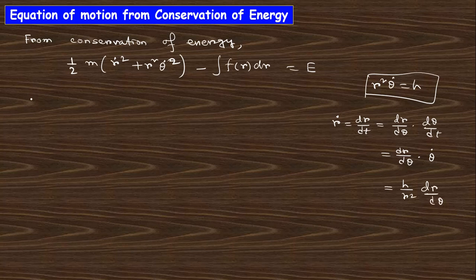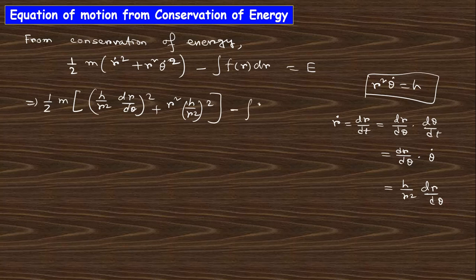So if you put it here, r dot square means r dot is h by r square dr d theta whole square, plus r square into theta dot square, theta dot equal to h by r square whole square, minus integral f of r dr is equal to E.